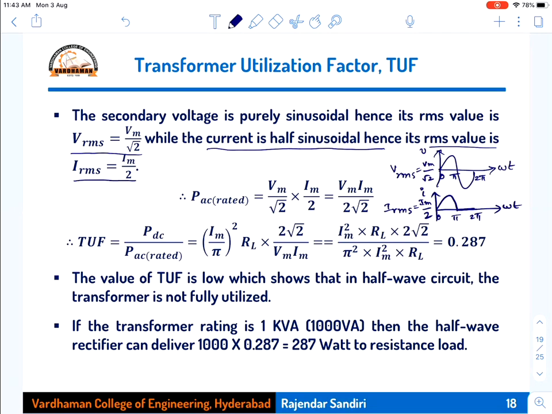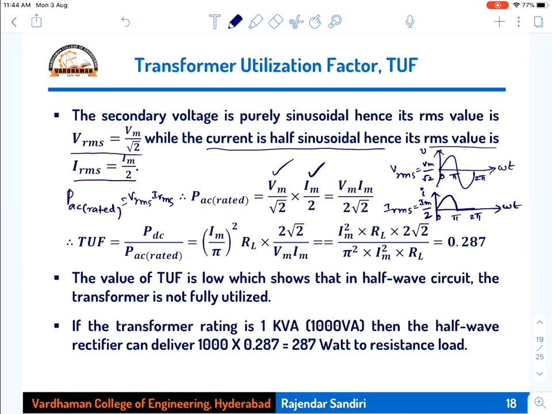Now PAC rated is Vrms into IRMS. Therefore, Vrms we write as Vm by root 2, because it is a full sine wave input voltage I am applying. But when the diode is there, the diode current will be flowing for only half cycle out of the full cycle.